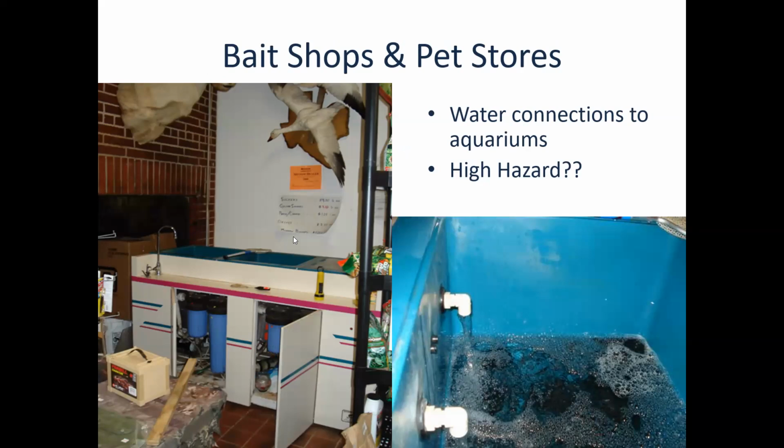And if they're one of your customers, it's coming from your public water supply. So in this case, we're looking at the left, we can see it's at a bait shop. They've got a bunch of stuff under the counter here, two tubs that they've been keeping minnows in. And then we've got an overhead shot looking down into that tub.